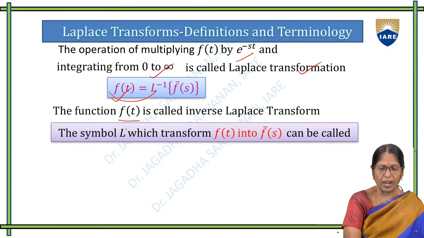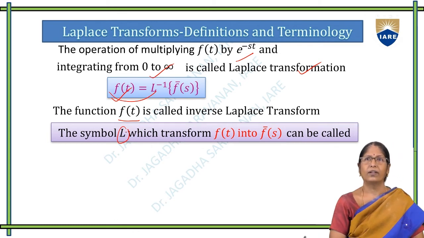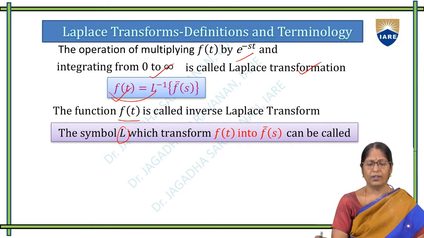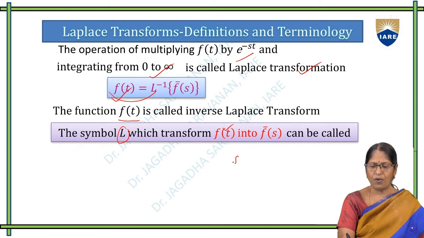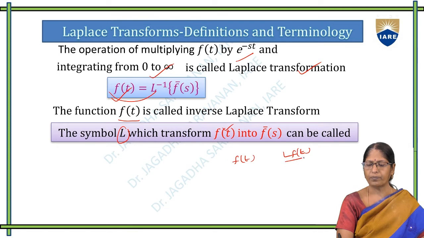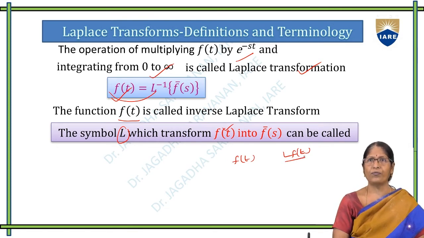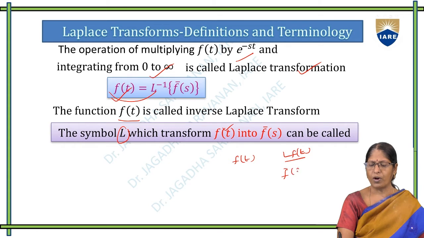Now this L is the Laplace transform operator. The work of the Laplace transform is that f of t is converted into f bar of s. We have to be very careful throughout the Laplace transform definitions: f of t is converted into L of f of t, and this L of f of t is nothing but f bar of s.